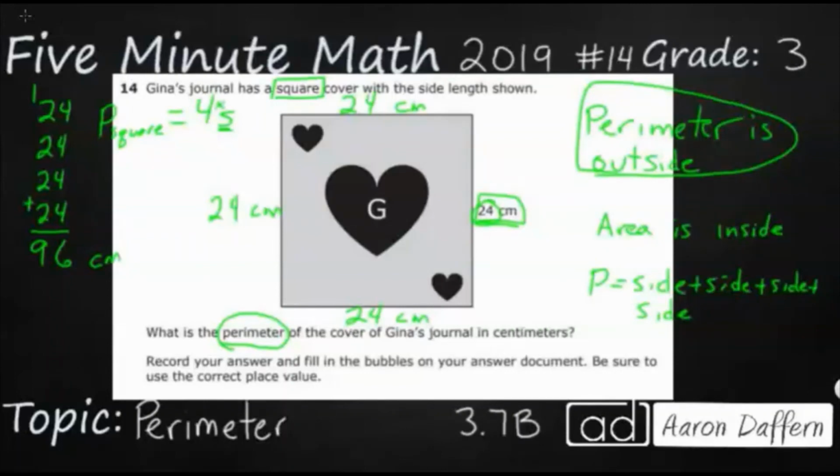And this is something you're going to see in 4th grade, 5th grade, 6th grade, all the way for the rest of your mathematical life. You're going to see numbers next to letters, and there's not going to be any operation. When there's no operation like addition or subtraction or division, it's always going to be multiplication. So really what we're looking at is 4 times the side length. And the side length here is 24.